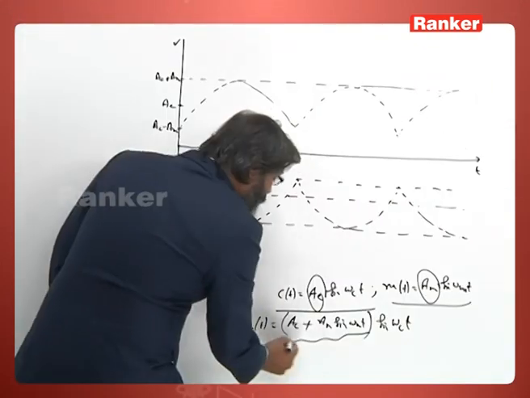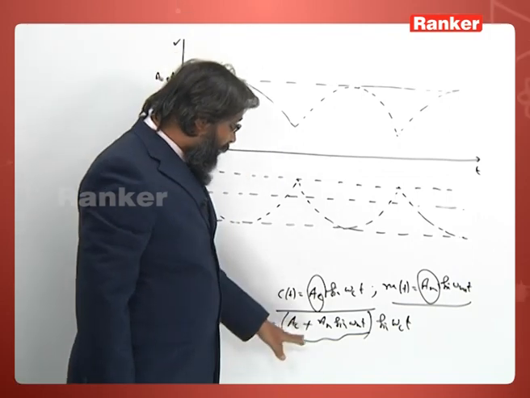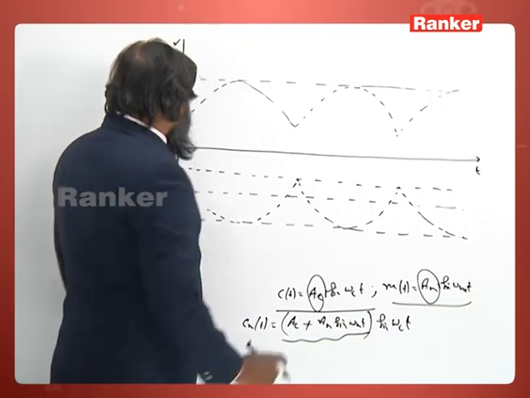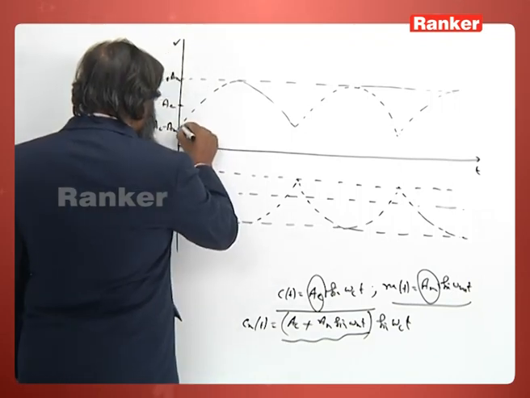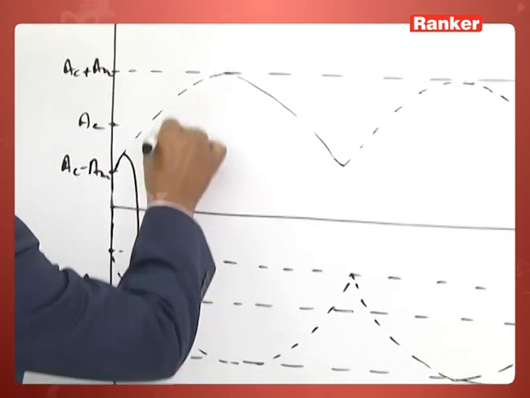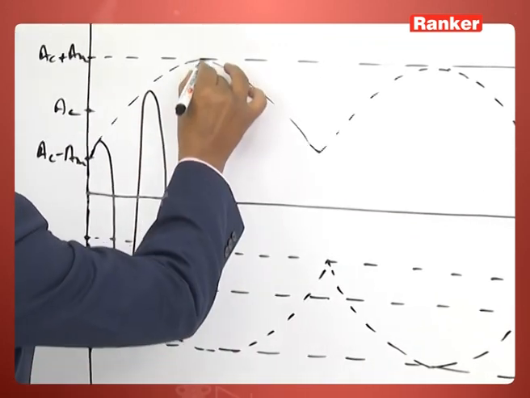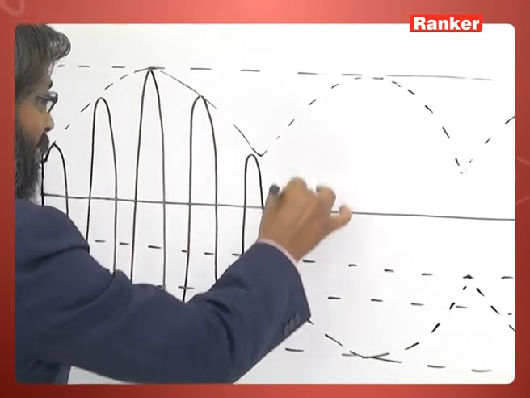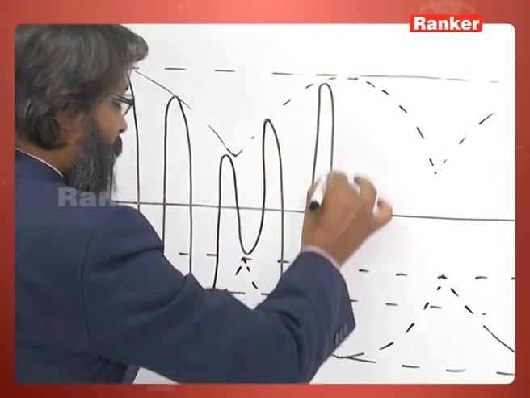So the amplitude of the modulated wave will be AC plus this signal wave added. So our wave will be oscillating like this. This is the carrier wave.